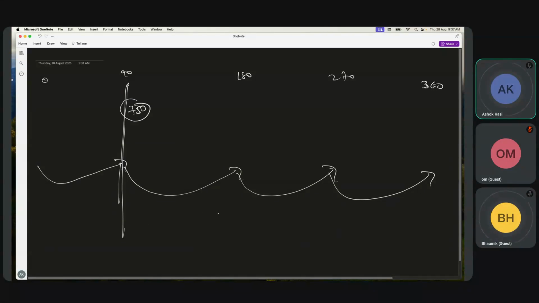Now the lower part is the fixed pay. So here 3.93. So what is 3.93% of 750? $29.47.